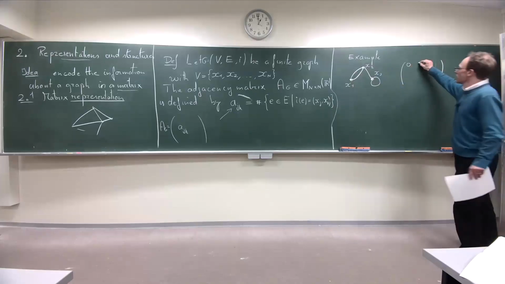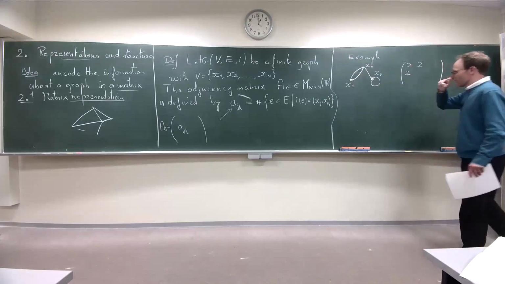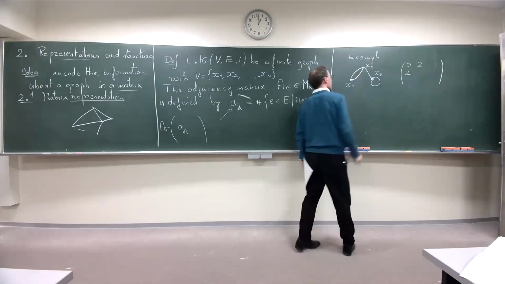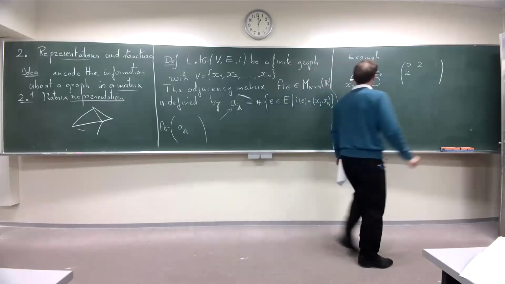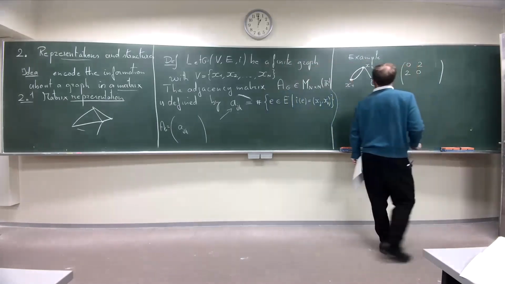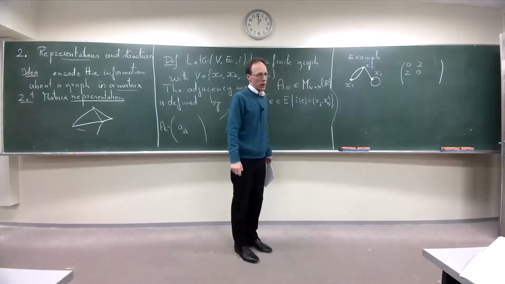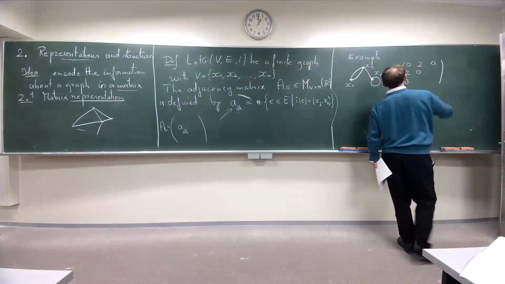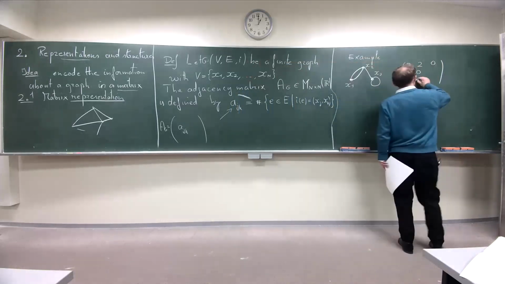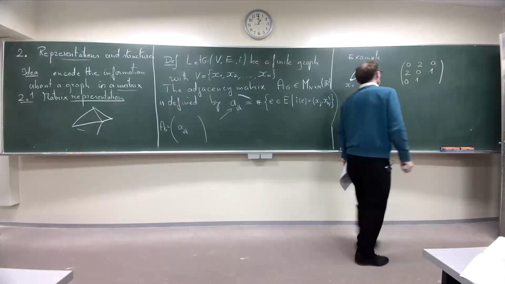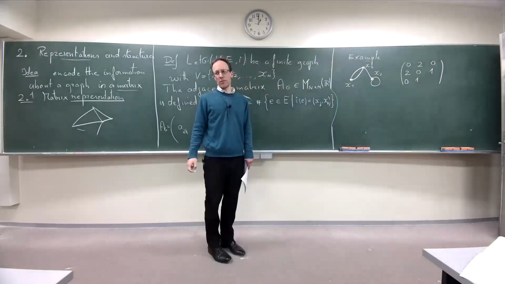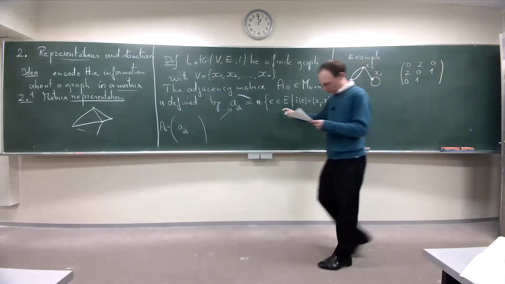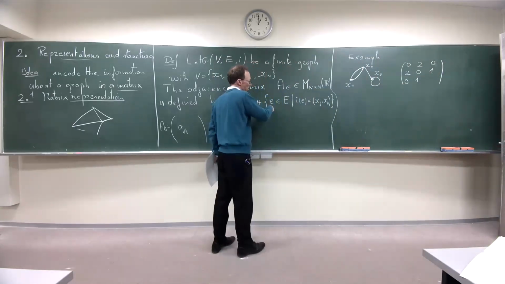We have 2 indeed, because starting at x1 and ending at x2, we have 2. Then what about x2, 2? It is 0. x1, 3 or x3, 1? No one. Now between x2 and x3, we have 1. And now what about x3, 3? Yes, it's the number of E.